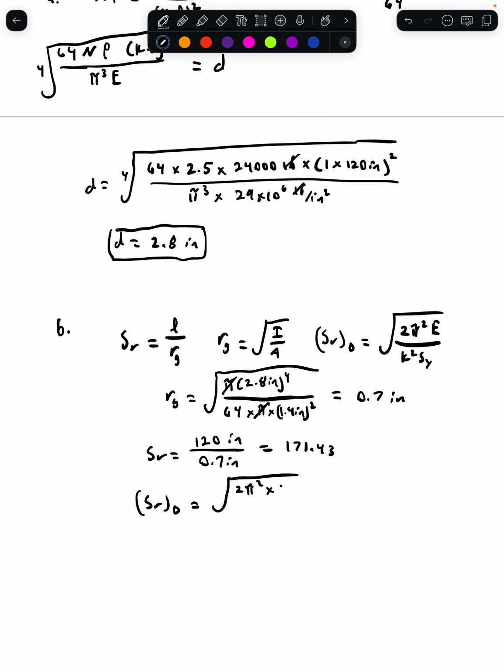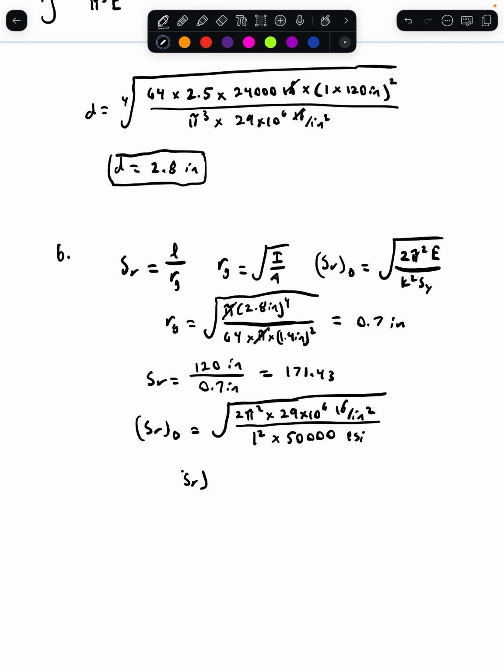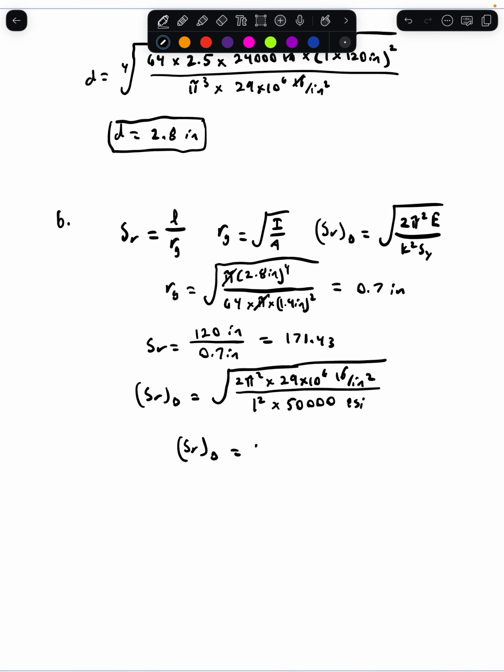Okay, now for our stress determination factor. We got 2 pi squared times 29 times 10 to the 6 pounds per inch squared, divided by k squared, which is just 1 squared, times our yield strength, which was 50,000 psi. So everything's going to cancel there. And so this is going to come to, call that 107. So our slenderness ratio is 171.43.